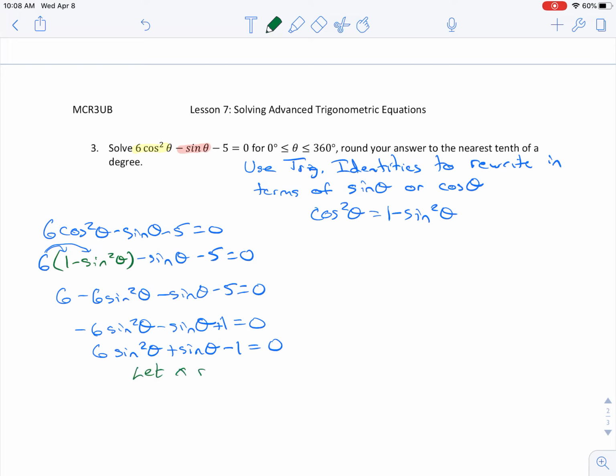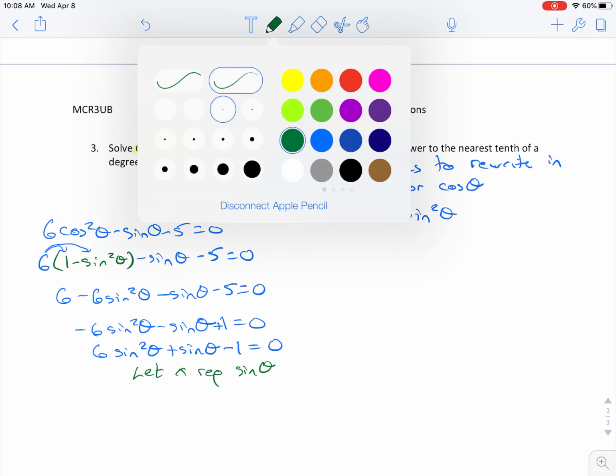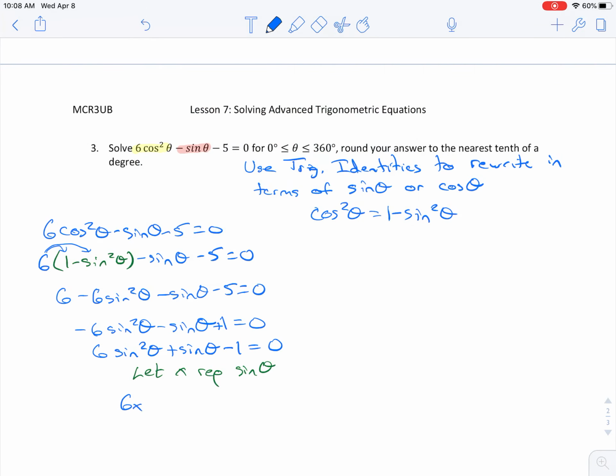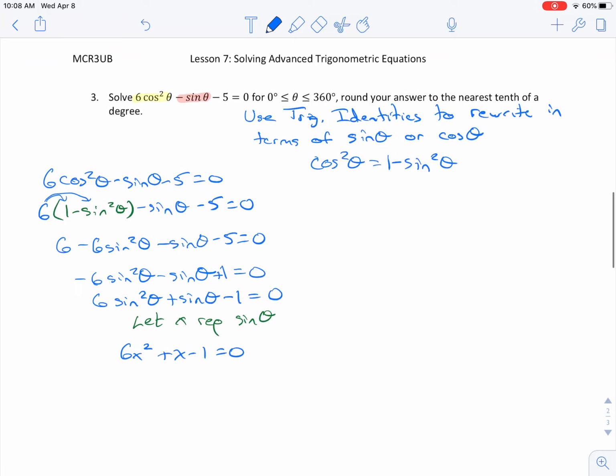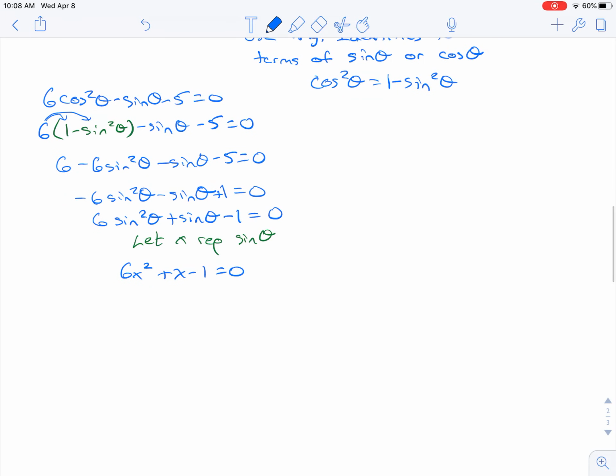Then the next step, it's easiest, I think, if you say, like we did before, let x represent sine theta. So I end up with 6x squared plus x minus 1 equals 0. And it's amazing how so often in math, you just have these factoring questions pop up. So this time I need two numbers to multiply to give negative 6, and add to give positive 1.